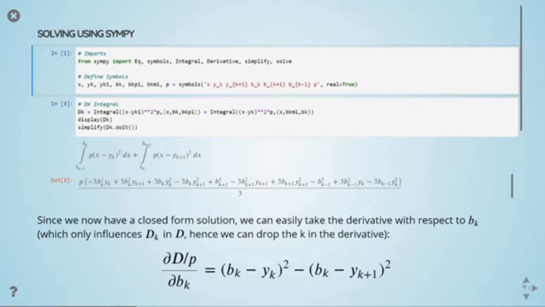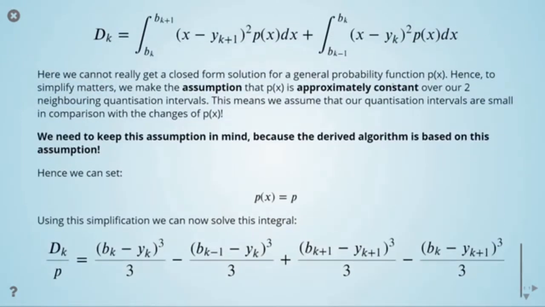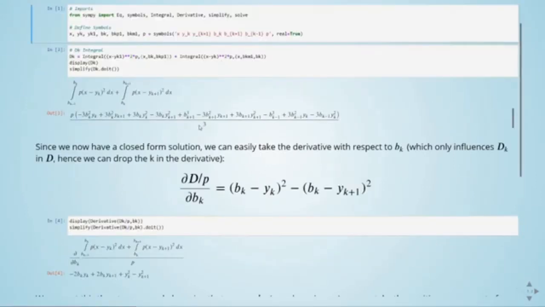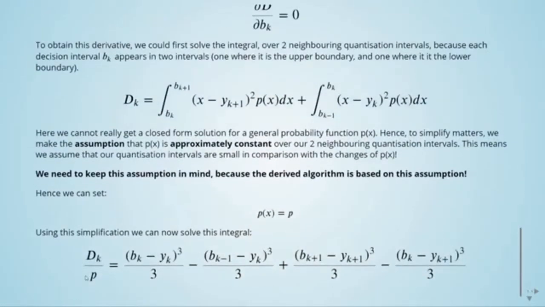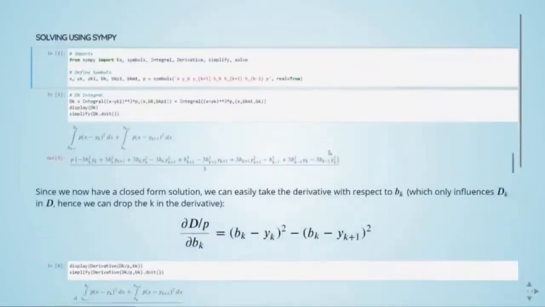It's the same thing we just solved using SymPy from here to here. Now we have a closed form solution of this integral, given by this equation, which is the same as what we've seen here. This is the non-expanded form, and this is the expanded form.